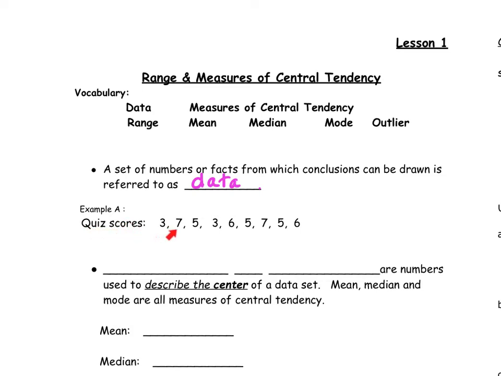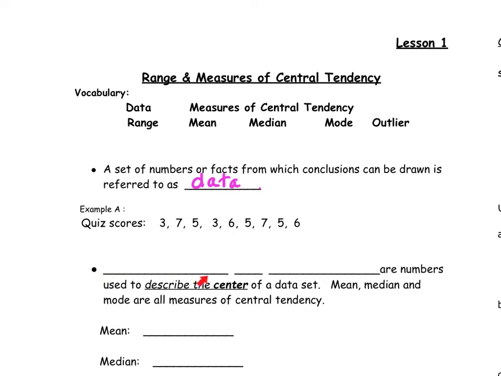Here are quiz scores, and it doesn't tell us what these quiz scores are based out of. We might want to assume that it's 7 because we're noticing that 7 is the highest number, but it could be out of 10, could be out of 20. So this is a set of data.